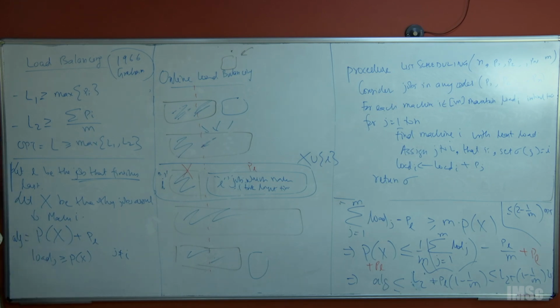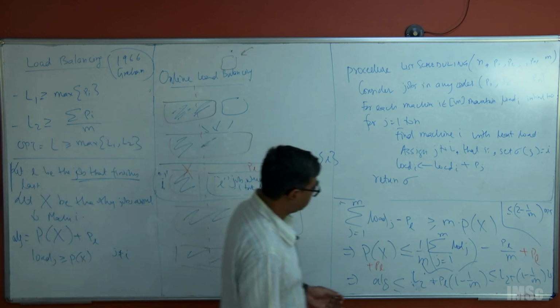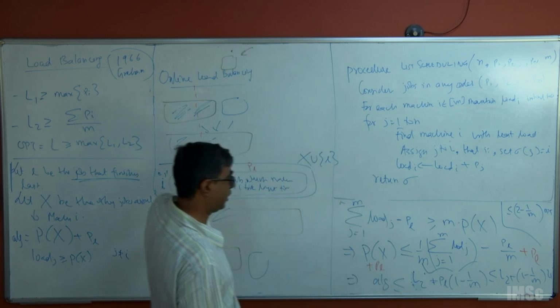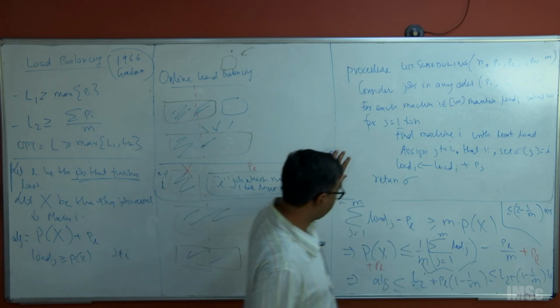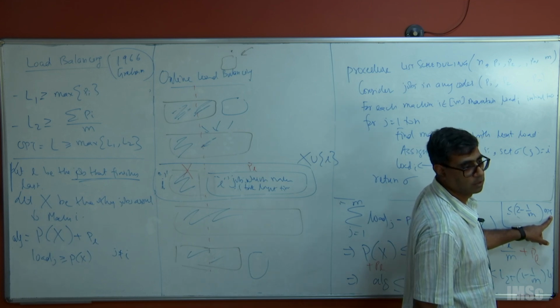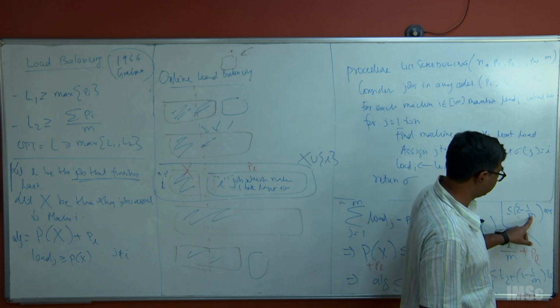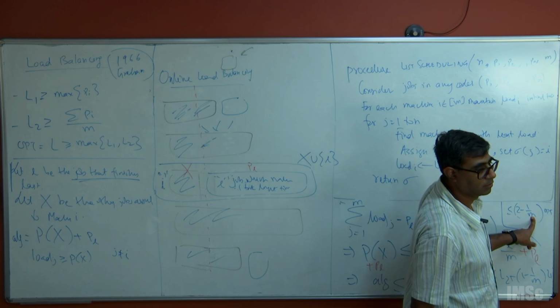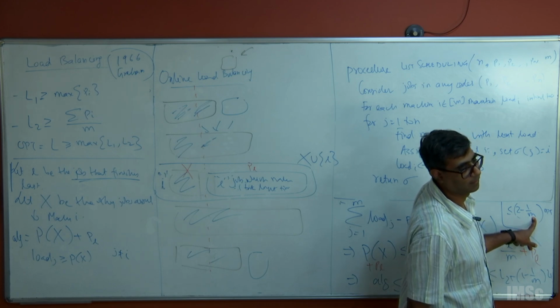Okay, that's great. So what we have learned is that this algorithm is actually not only a factor 2 approximation, it is a 2 minus 1 by m approximation. If the number of machines is 1, then this is optimum.